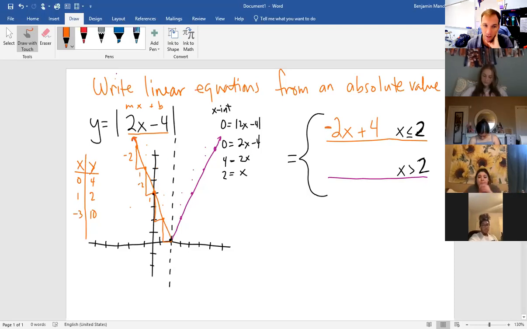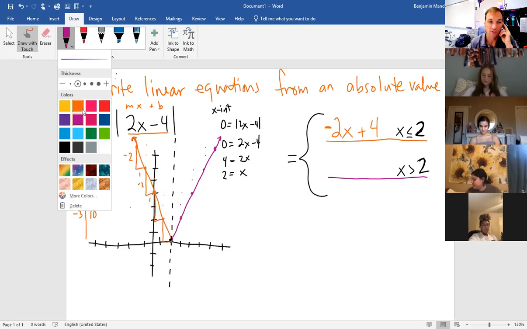So we can count the slope down and over, that's the slope, and then we can count where the y-intercept is, and that's right here. So we're writing a linear equation from a graph. Now on the other side, we're going to do a similar thing.